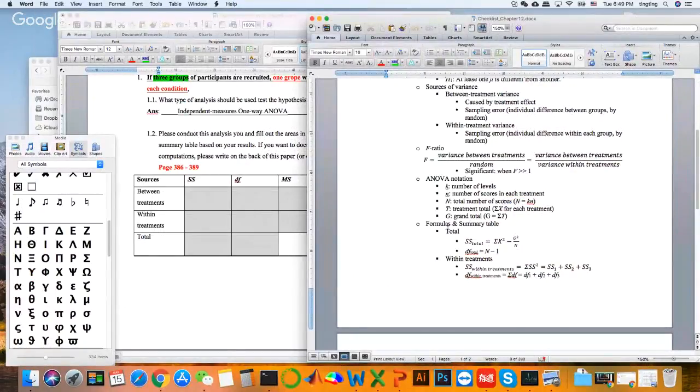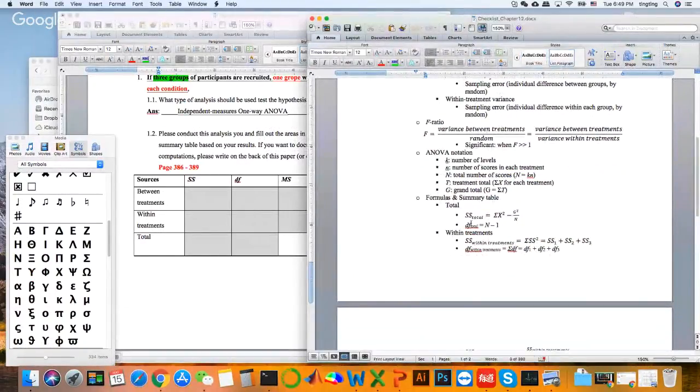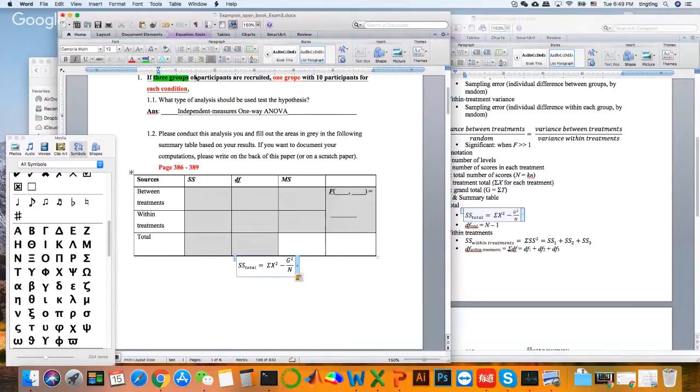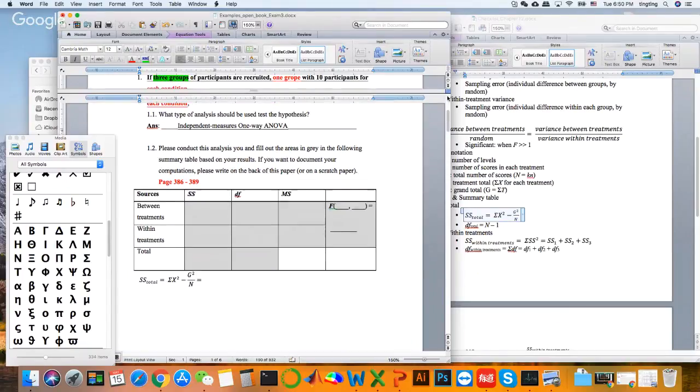So start with the formula and summary table, total, right? SS total equals sigma x squared minus G squared divided by N. So you check the data.